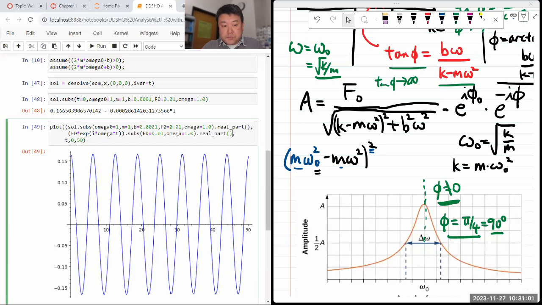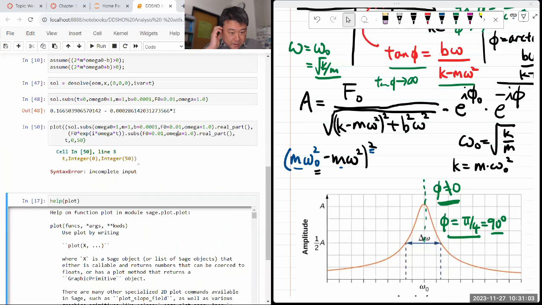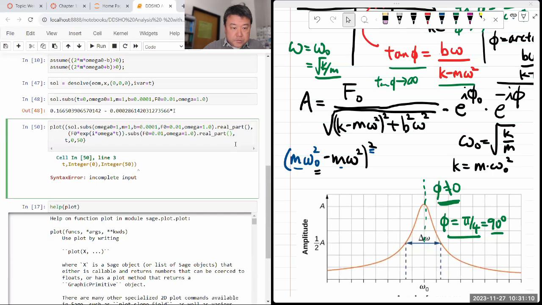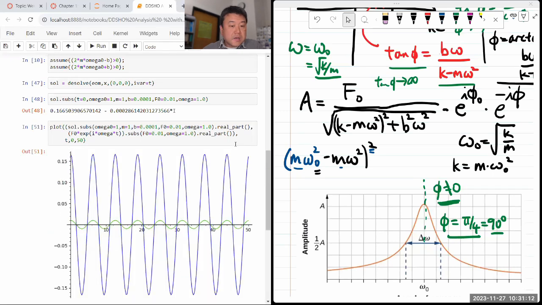And let's see what that plot looks like. The main thing I want you to do here is see if our driving force, which is in green, is going to be, and let me make it smaller.